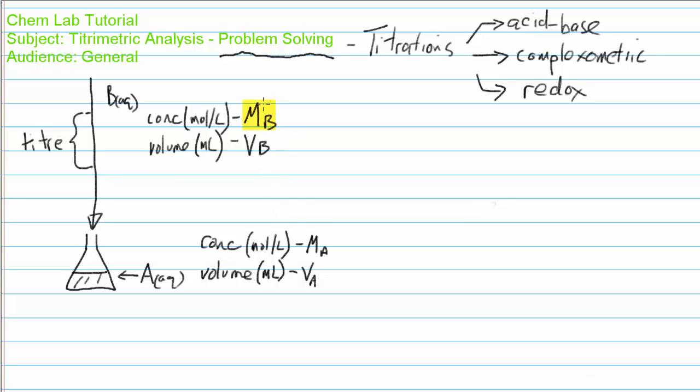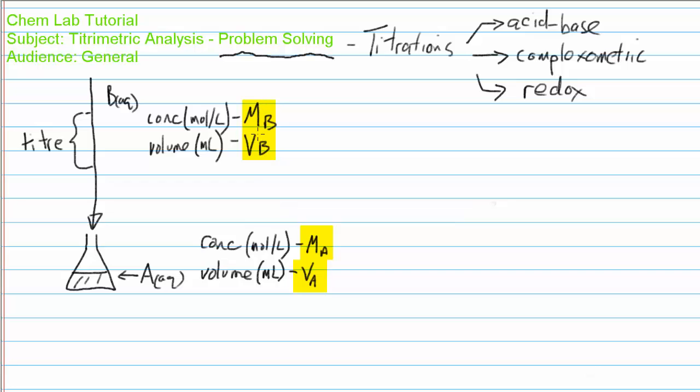First of all, the concentration of the solution in the burette and the volume obtained from the burette of this same solution needed to react completely with the chemical in the Erlenmeyer flask. The next quantity is the initial volume of the solution A added to the Erlenmeyer flask, and the fourth quantity would be the concentration of solution A. And when solving problems involving titrations, we always know three of these four quantities.